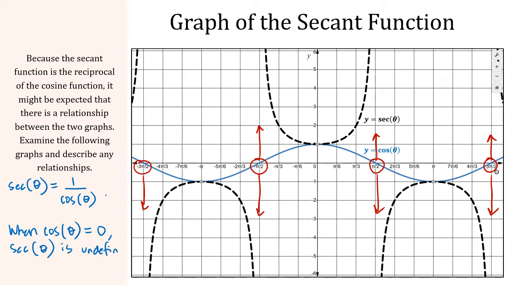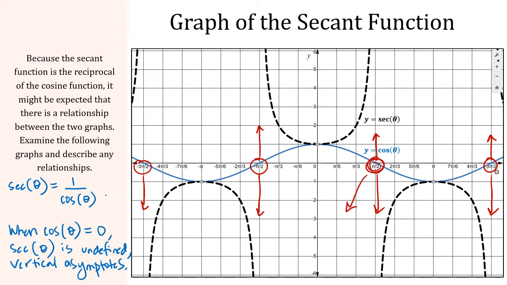And if the secant is undefined, then we have vertical asymptotes. Now, I drew a little circle on the last slide to talk about where the sine of a function equals 0. We could do the same thing for the cosine, but if you have it memorized, you might ask, why is it pi over 2?